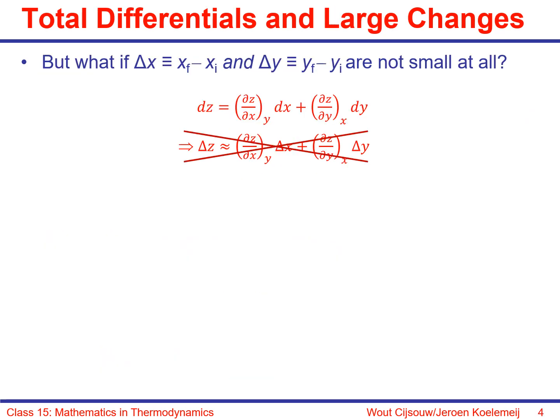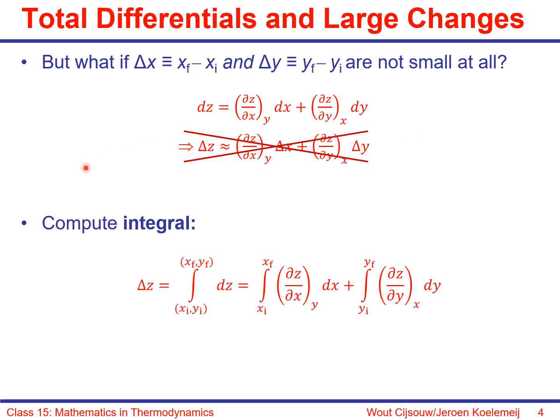Well, you may immediately wonder, what if delta x and delta y are not small at all? Obviously, you cannot use this replacement anymore. You have to do something else. And the thing you have to do is to compute an integral.